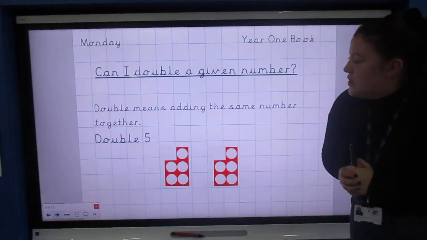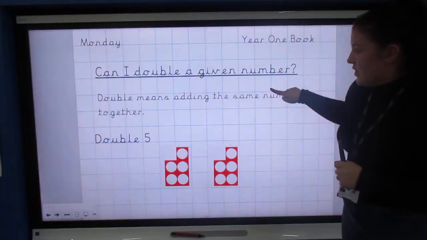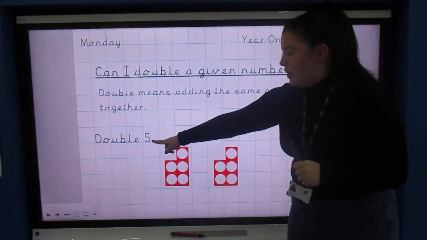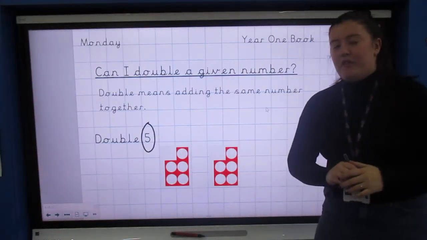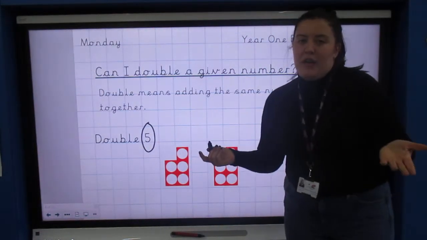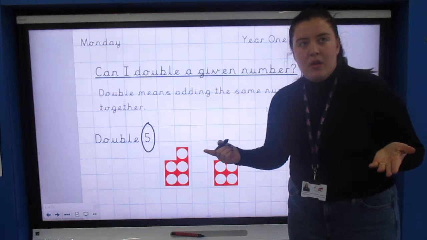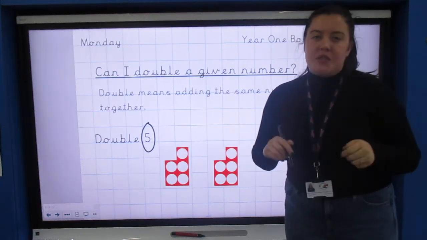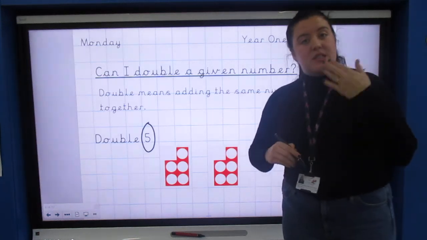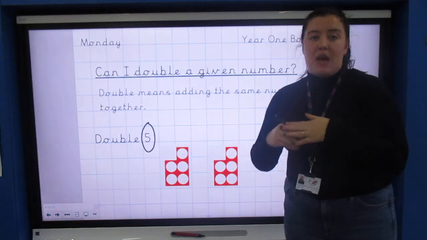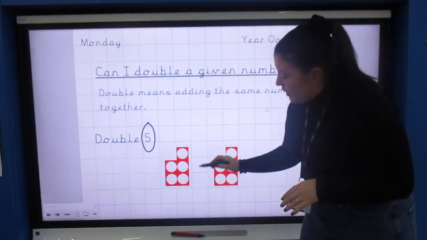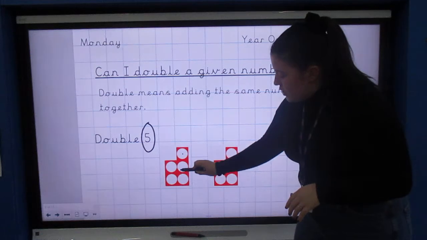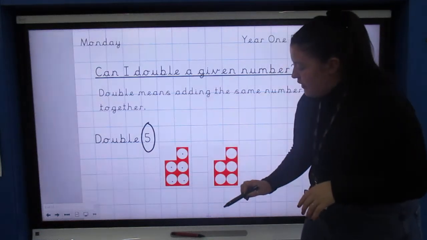Right, we have got a question here that asks us to double what number? Double 5. So if we've got to double 5, what do we need to do? Think carefully about what I just said. We've got to add the same number together because then we will have 2 lots of the same amount. So I've got some numicon here and it's the 1, 2, 3, 4, 5.